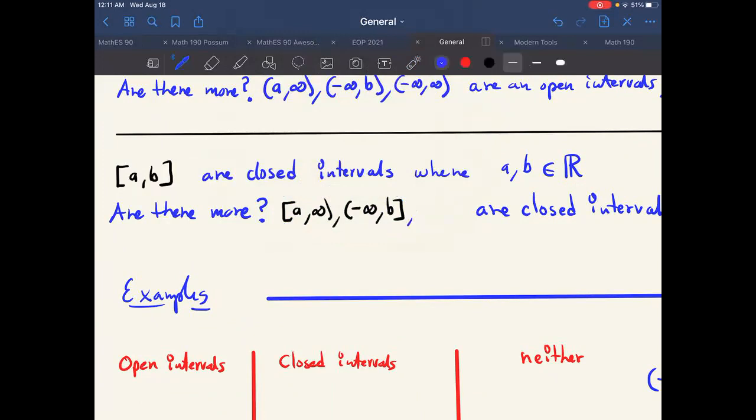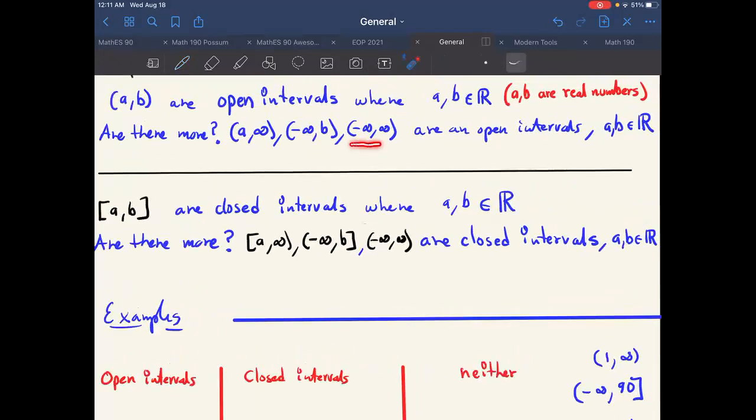And also (minus infinity, infinity). They are closed intervals. You say, wait, hold on, Professor. You told me that (negative infinity, infinity) is an open interval. And you're saying now that it's a closed interval?